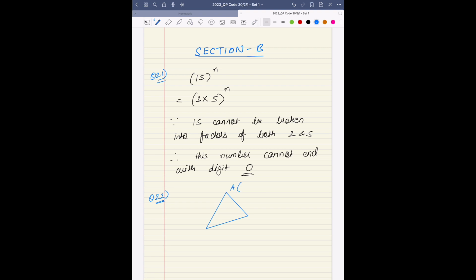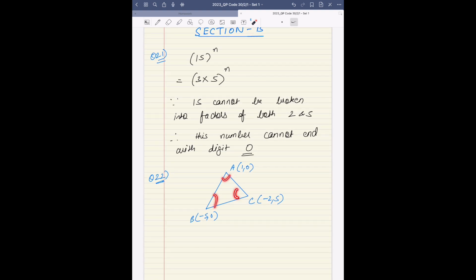Anyways, you're going to write the coordinates. B is minus 5 comma 0, and C is minus 2 comma 5. All you need to do is find AB, find AC, find BC. If they are unequal, it's scalene. If two sides are equal, it's isosceles. If all three sides are equal, it is equilateral. It's very simple.